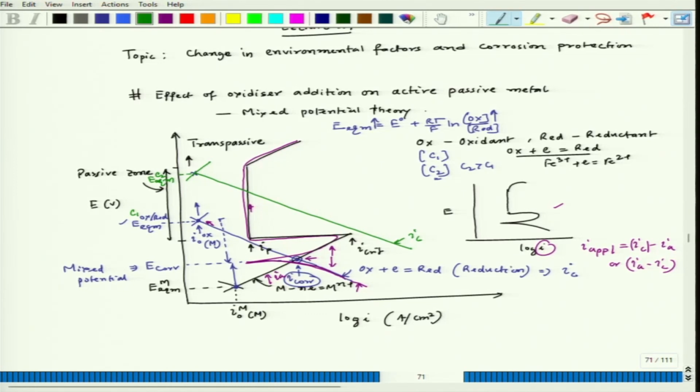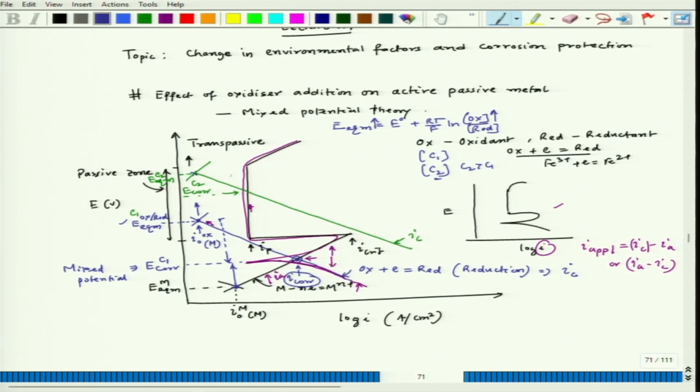Now, interestingly, the mixed potential we can see is at this location, which is the E corr when the concentration of oxidant is C2, and here this is E corr when it is C1.